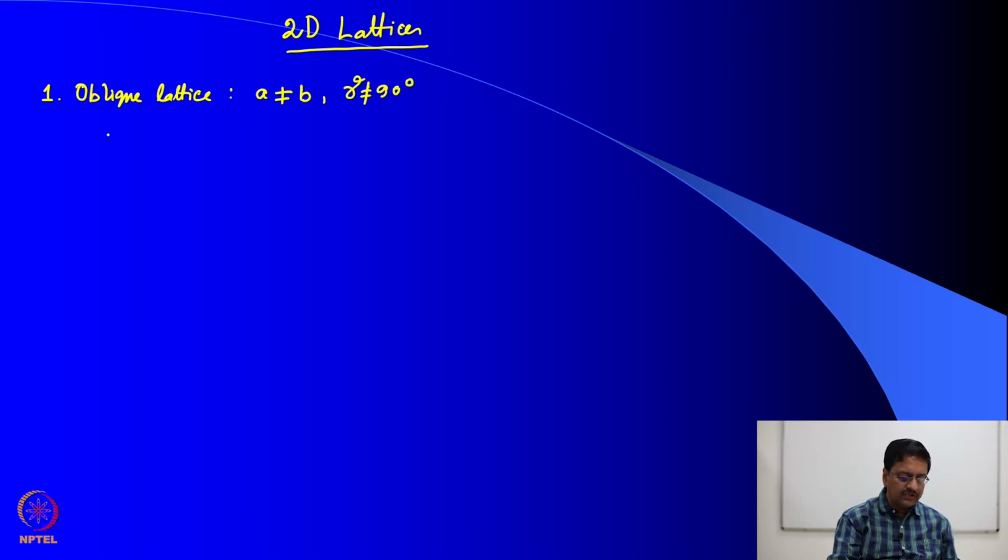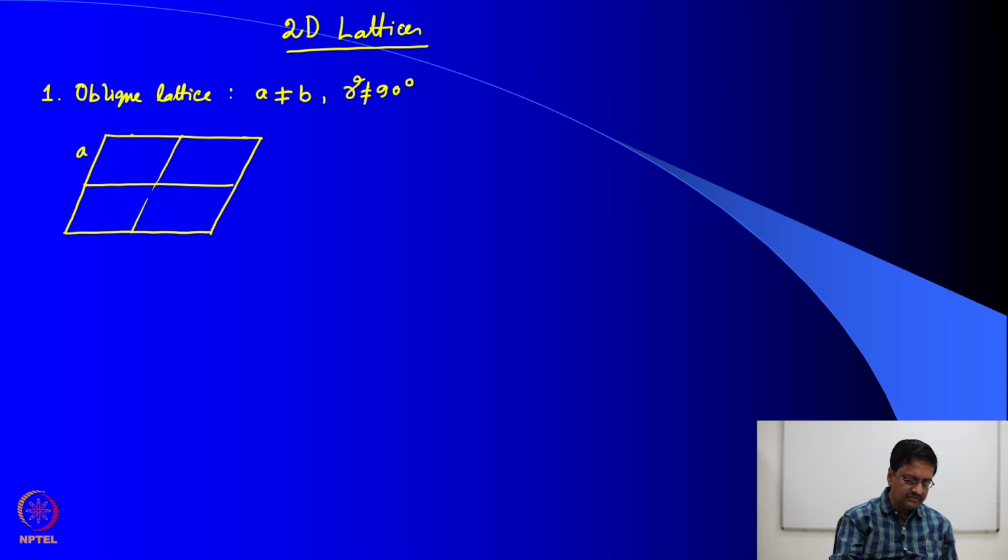So the oblique lattice should be drawn like this. So here it is A, B, and the angle is gamma.